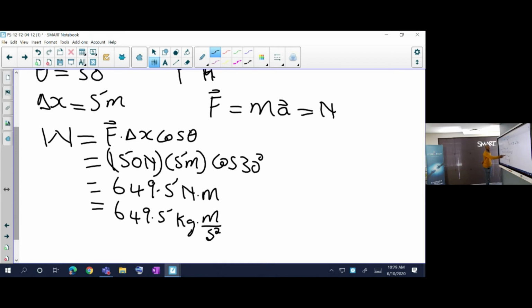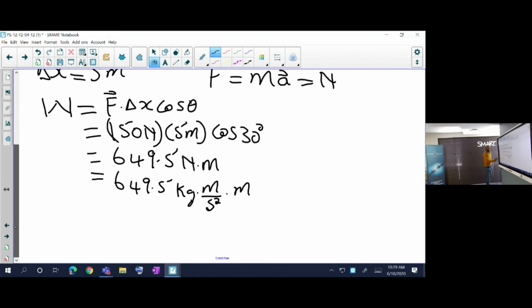This is your Newton, and then you have your distance there, which is equals to 649.5 meter squared per second squared.